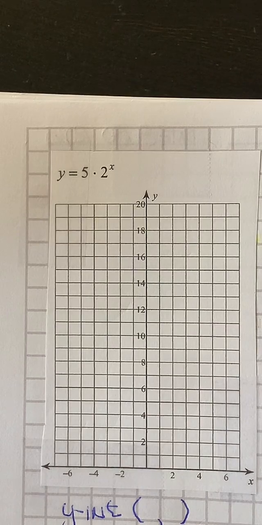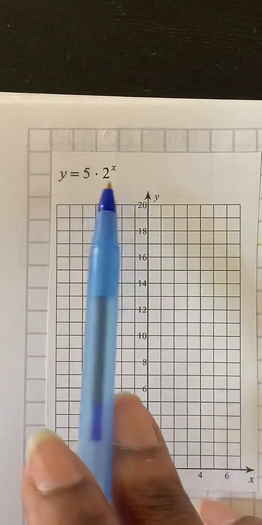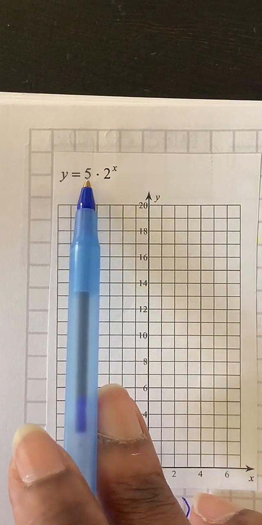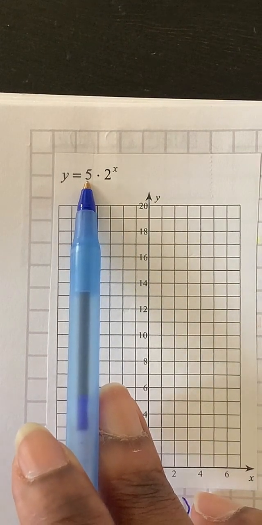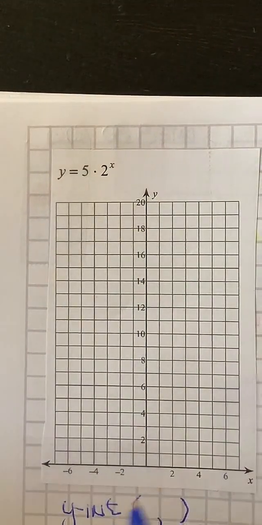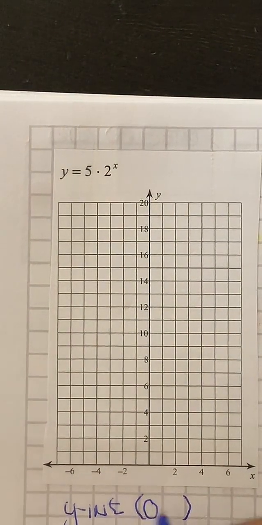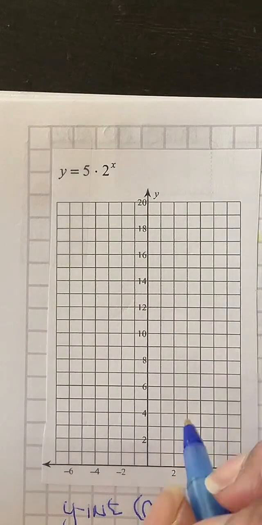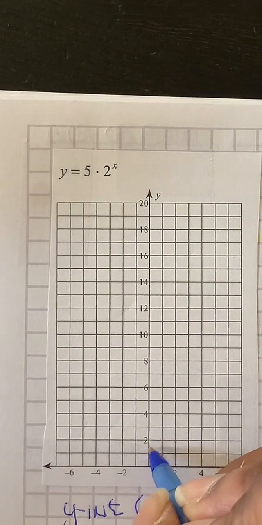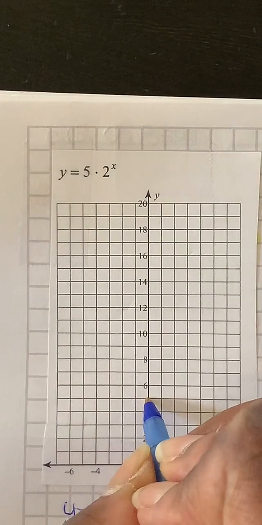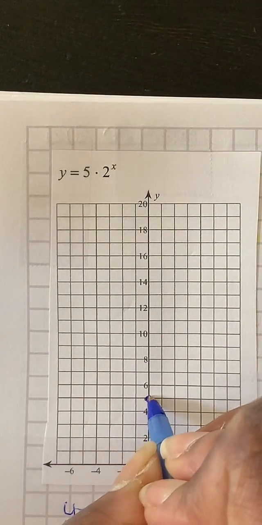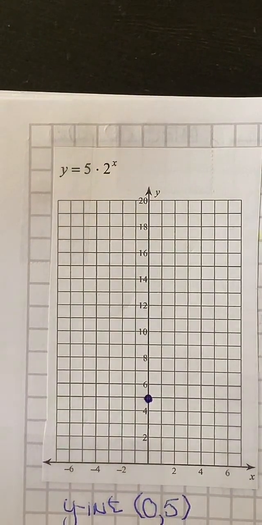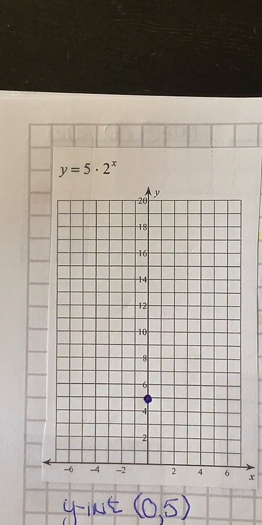That's okay. All right, so your first number, that is your y-intercept. Your y-intercept is when your x value is equal to 0, and then you'll see your y value. So the first point is right here at (0, 5).